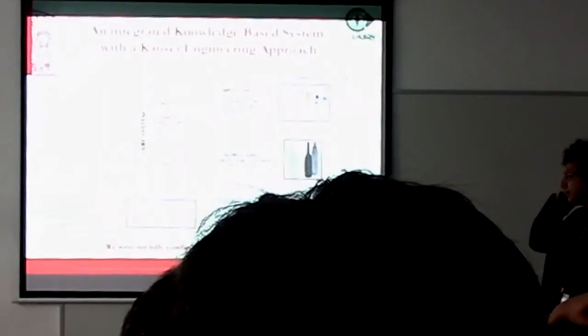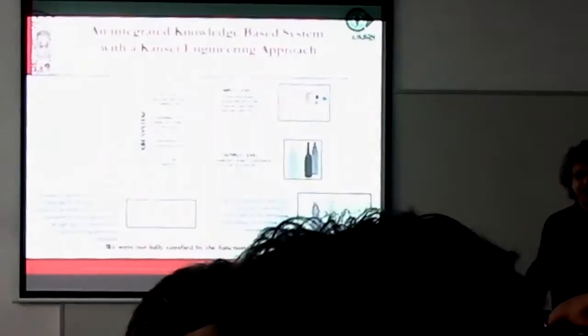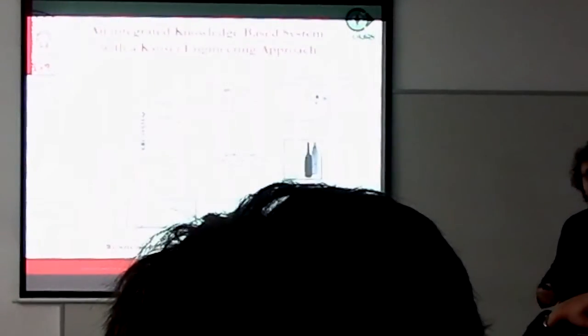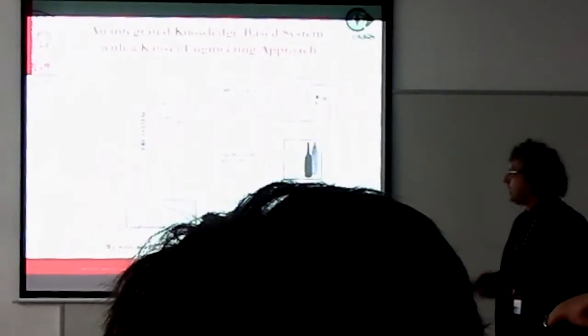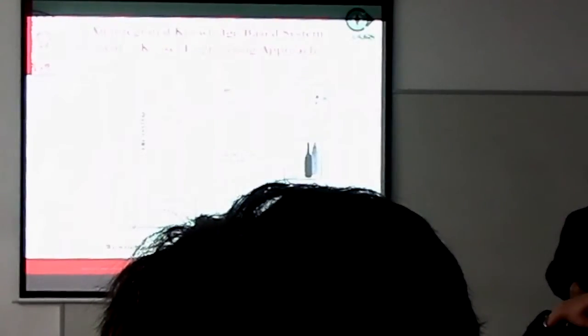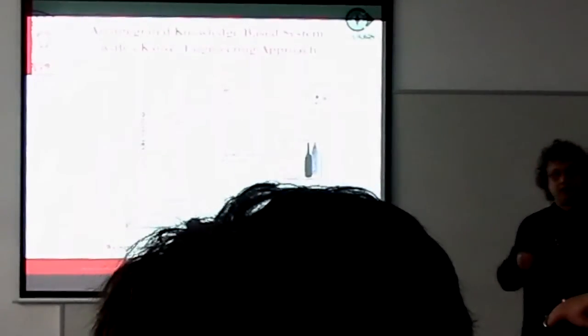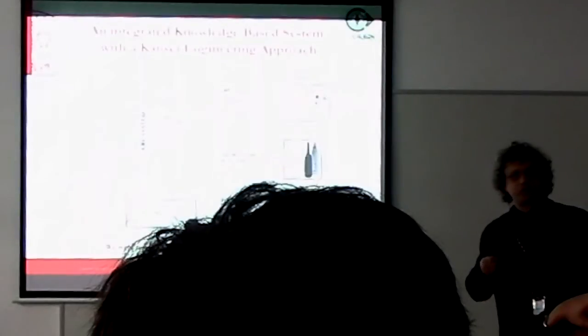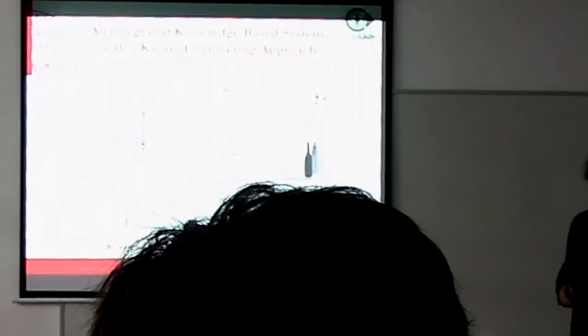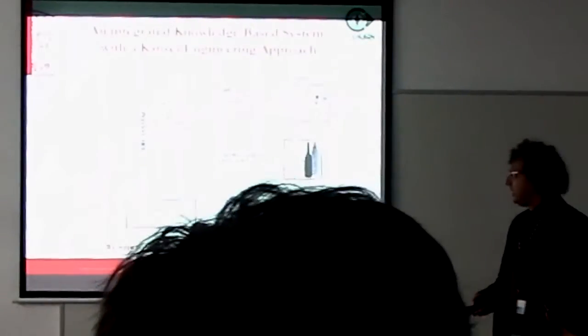We were not fully satisfied by the functionality of the tool. Of course, already some functions were automated, but a lack was present in our concept, and particularly the emotional impact of the design was not included, is not included usually in computer-aided design systems or computer-aided engineering systems.